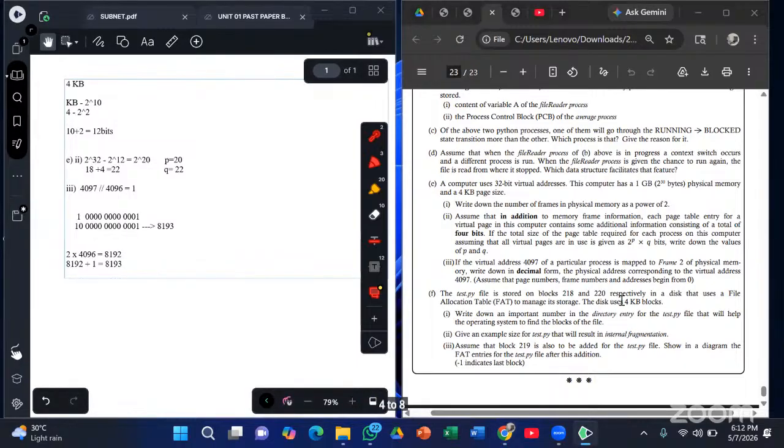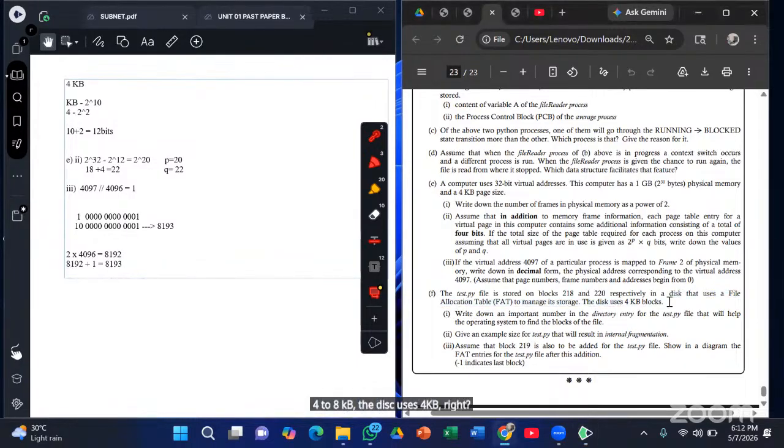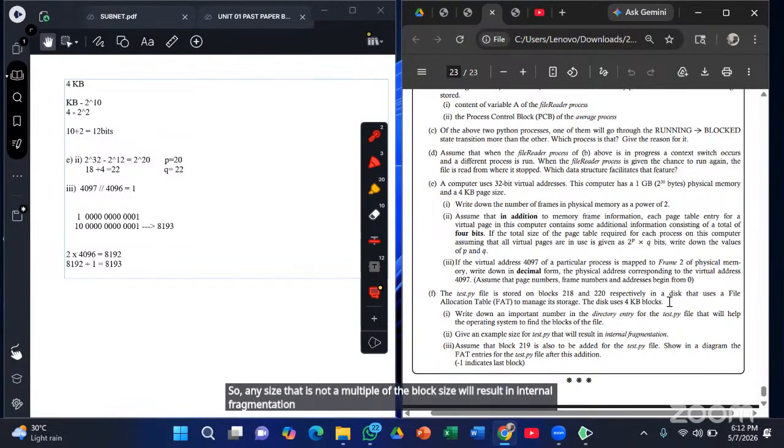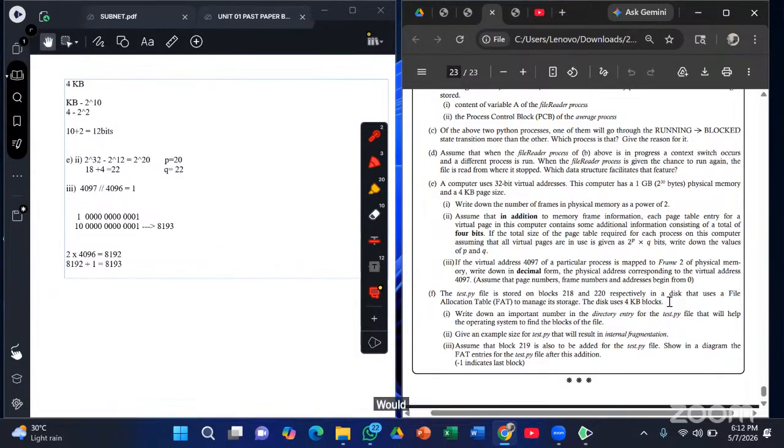The disk uses 4 KB, right? So any size that is not a multiple of the block size will result in internal fragmentation. For instance, a file size of 5 KB, which is 5120 bytes, would use one full block and leave the second block partially empty.